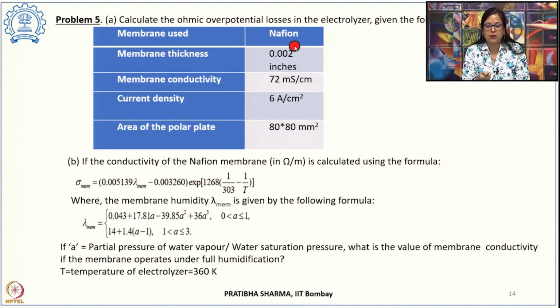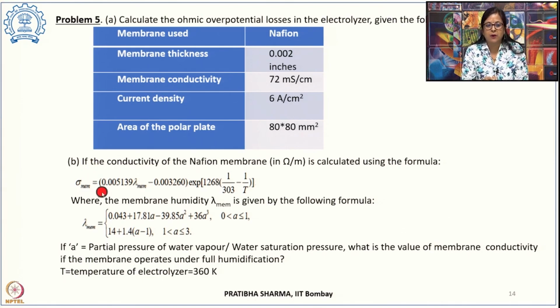Membrane used is Nafion, its thickness is 0.002 inches, its conductivity is 72 millisiemens per centimeter, current density is given as 6 amperes per centimeter square, and the area of the plate is 80 by 80 millimeter square.